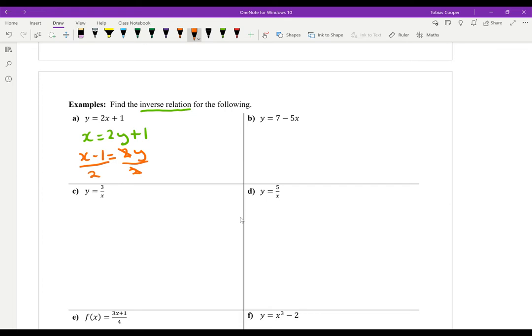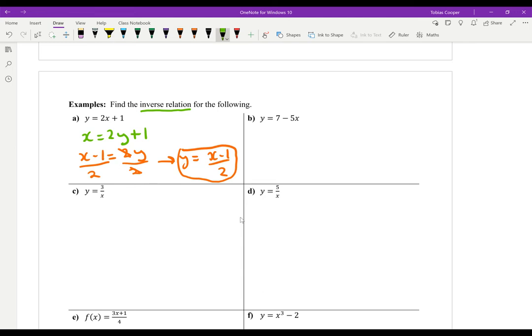That cancels. And then my final answer is y is equal to x minus 1 on 2. So this relation here is the inverse of y equals 2x plus 1. Okay, so let's have a look at the next one.